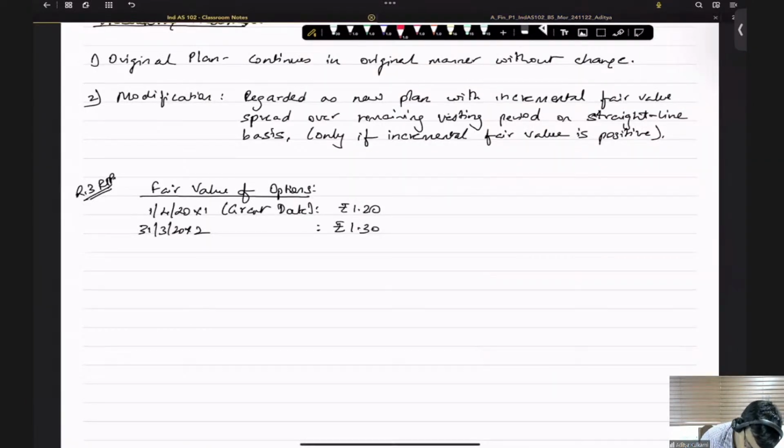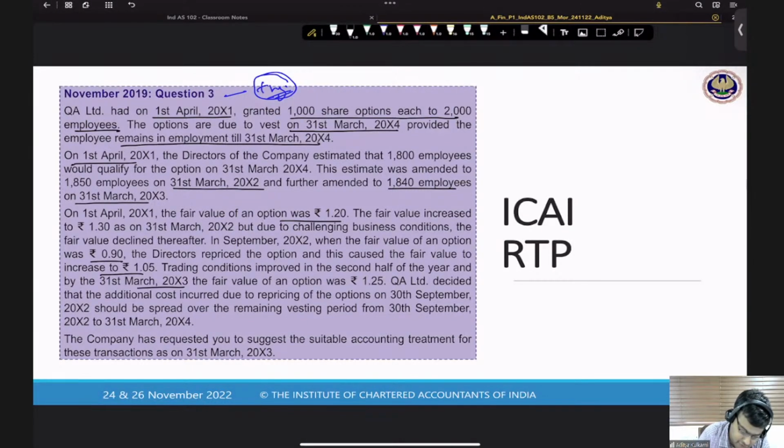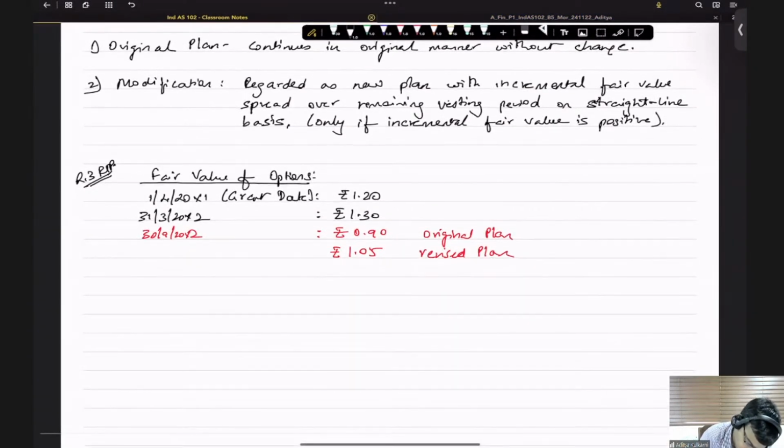So on 30th September 20X2 it was rupees 0.90 under the original plan; the options were repriced, so it became 1.05 under the revised plan. Trading conditions improved in the second half, and by 31st March X3, fair value was 1.25.